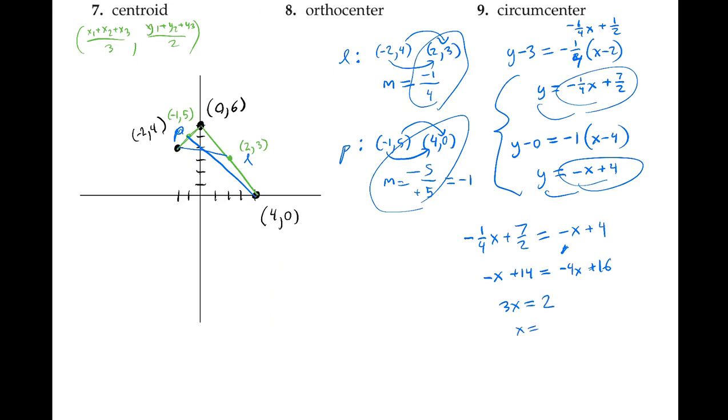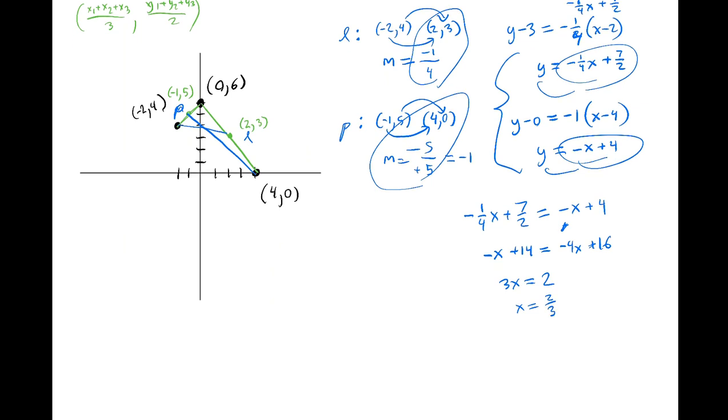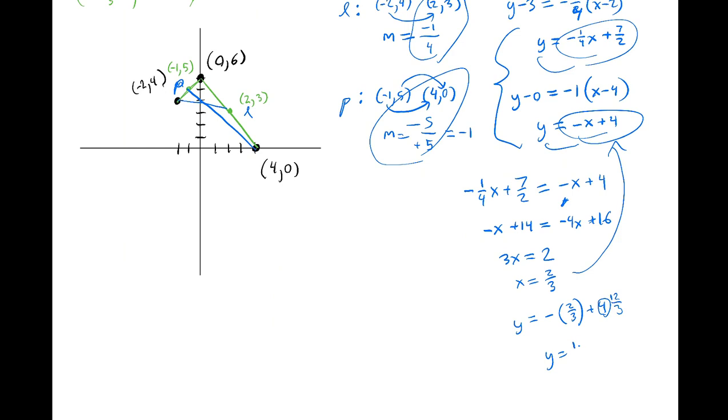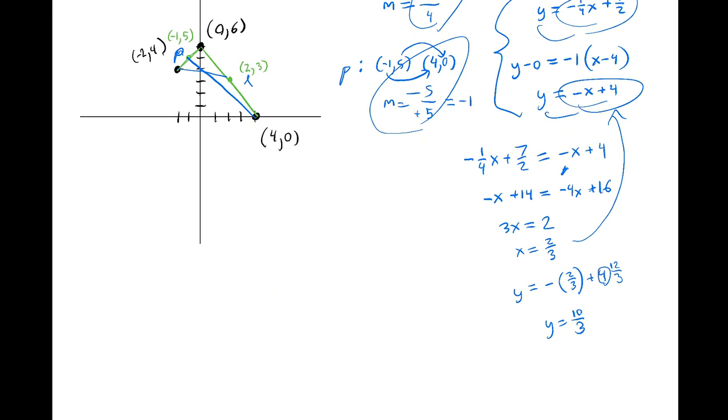And so we get x equals 2/3. And then all we do is plug it back in anywhere. I'll plug it back into this one because it looks easier. So then y is equal to -2/3 plus 4. And so we get y equals, that's 12/3, that's what 4 is. And so 12/3 minus 2/3, we get y equals 10/3. And so the centroid is at (2/3, 10/3).